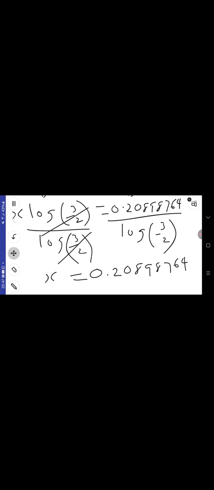Now the value for log 3 over 2 is 0.1760912591. So you're dividing the numerator by the denominator and then you have the exact value.